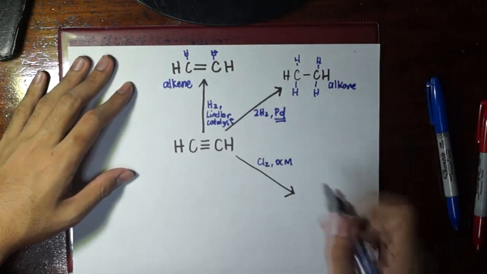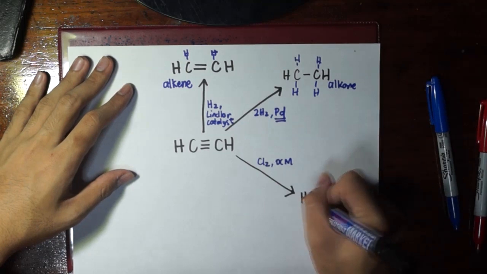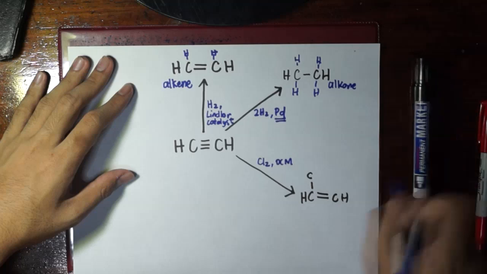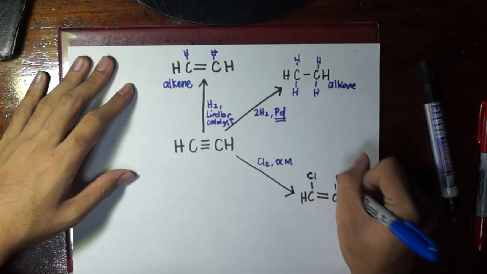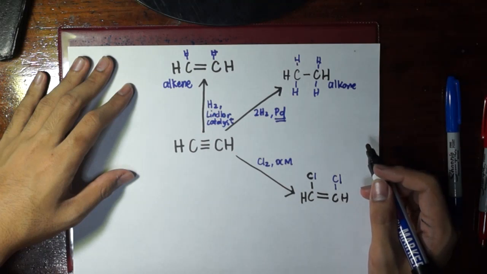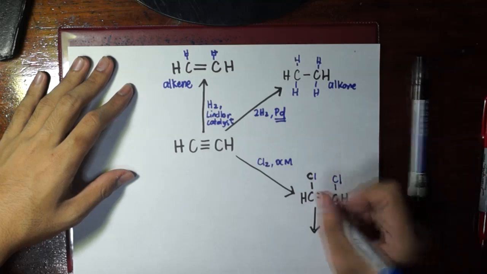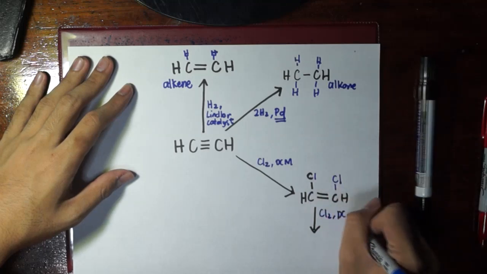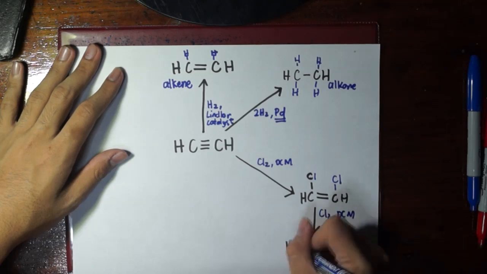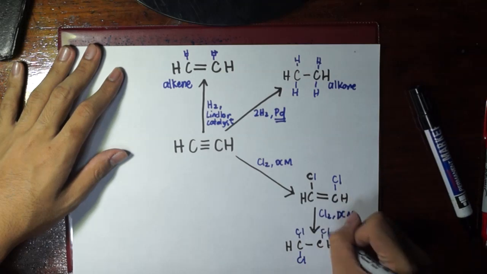Well, again, just like in alkenes, we produce a vicinal dihalide. Alright? And if you add another mole, you fully saturate it, but this time you have a lot of chlorines instead.